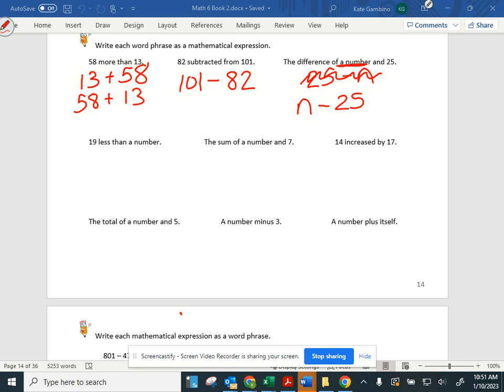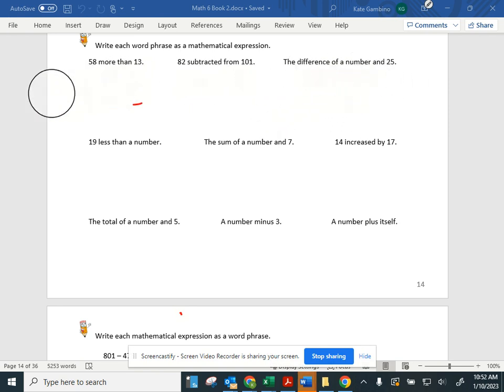Does that make sense? Be careful with the subtracting. You have to put it in the right order. With the adding, I'm not going to say that's the wrong order, because you're going to get the same answer. But subtracting, we would get a very different answer if we flip it. So make sure it's going the right way. You're going to finish off these last ones on your own. And let's look at our second page.